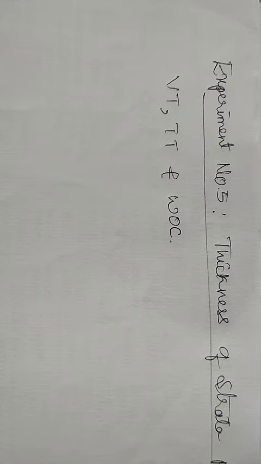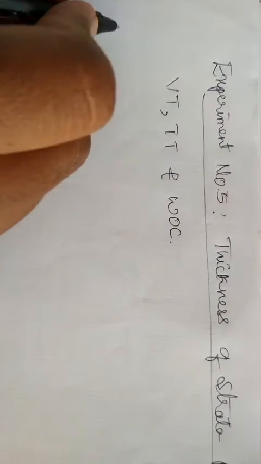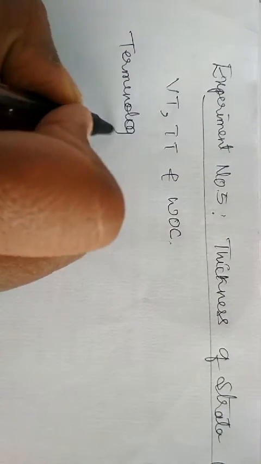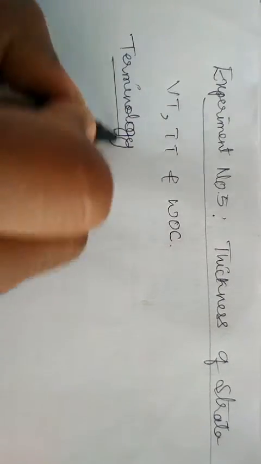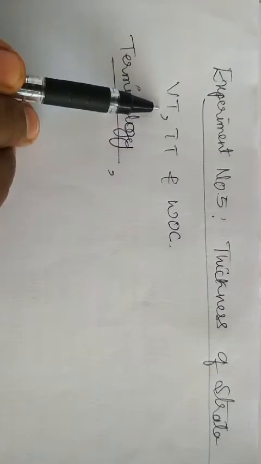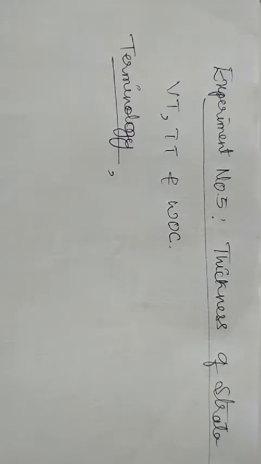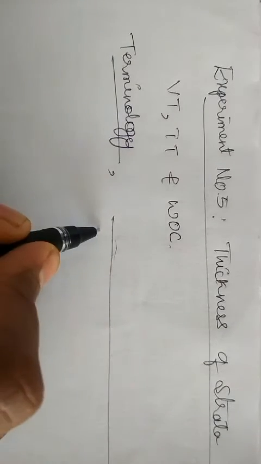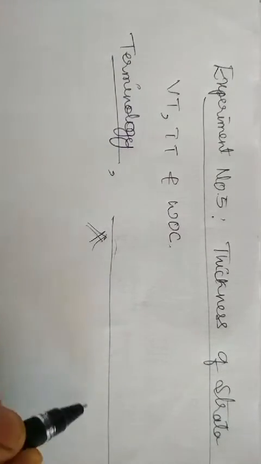So here we need to know some terminologies about the true thickness, vertical thickness and width of outcrop. Say for example, this is the ground surface, and this is the surface below the ground.